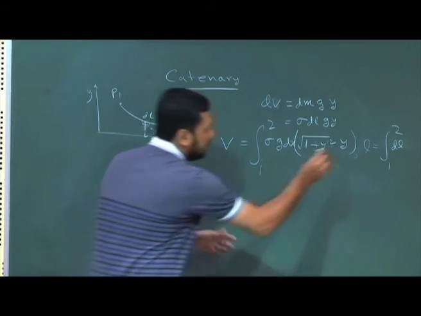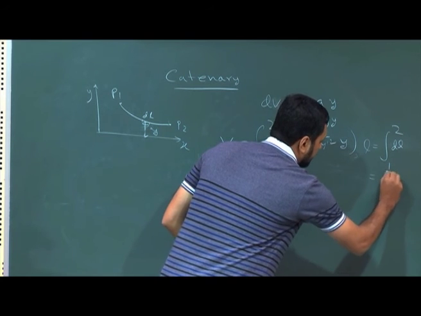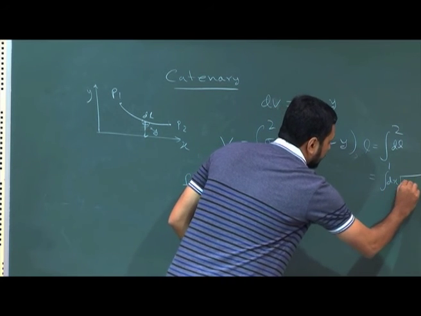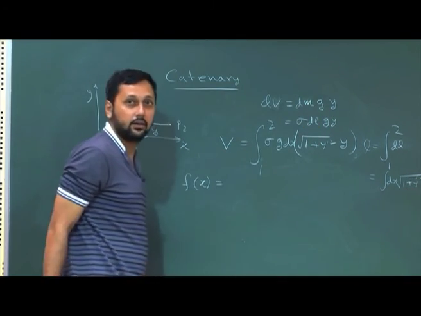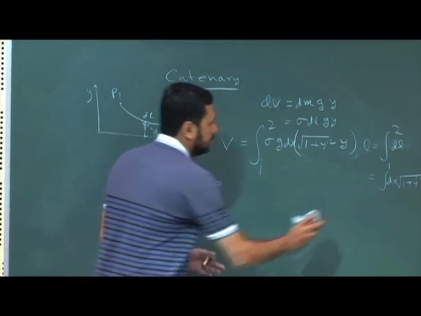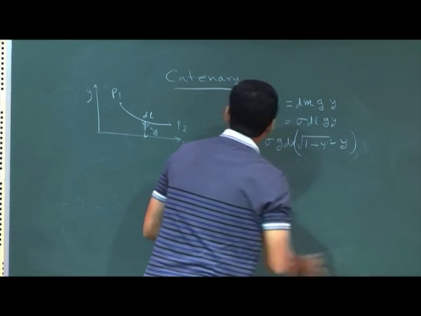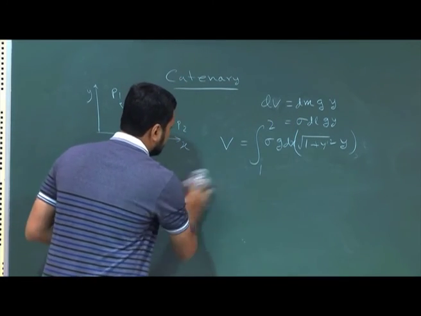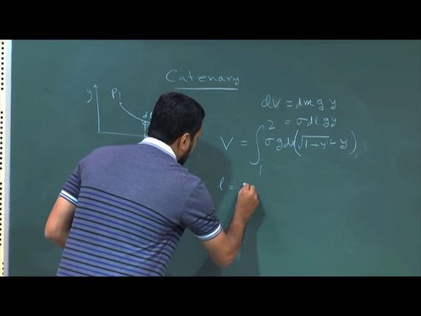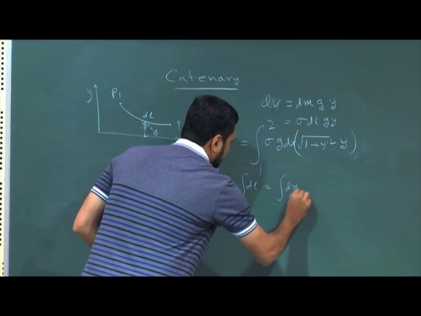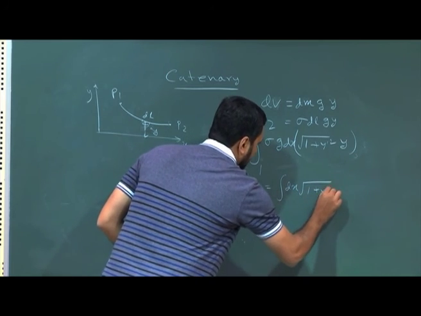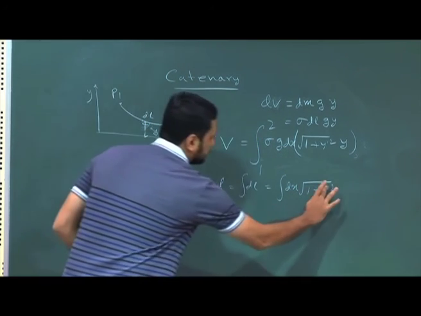See, dl will be nothing but the integral dx root over 1 plus y dash square, right. So, this is one equation, and the second equation is L equal to the integral dl, which will be the integral dx root over 1 plus y dash square.